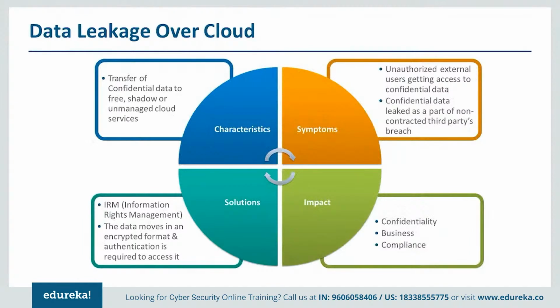So what are the symptoms? Unauthorized external access. So a person who is not intended will also have access to the data. The impact is the same as usual. Whenever data is not within the right hands, within security, obviously confidentiality is gone, the business is gone, and compliance will also be hit.